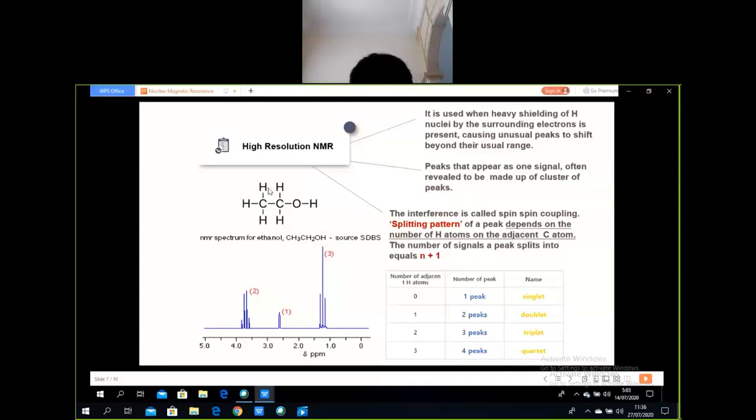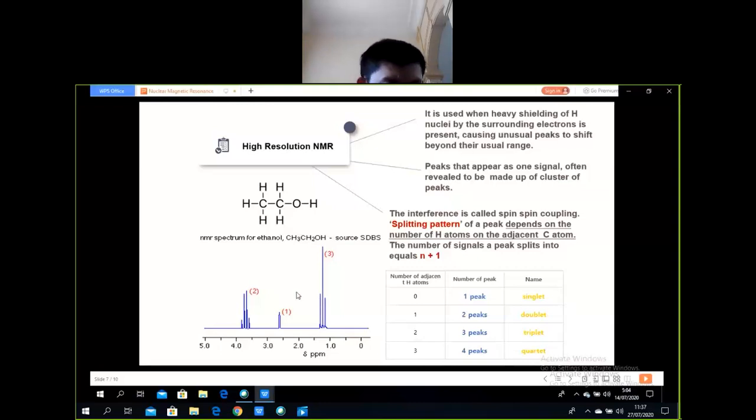So this chemical shift depends on the number of hydrogen on the adjacent carbon atom. Here there are 2 hydrogen, that's why it splits into 3, because the formula is n plus 1, where n corresponds to the number of hydrogen atoms. That's why it's split into 3.